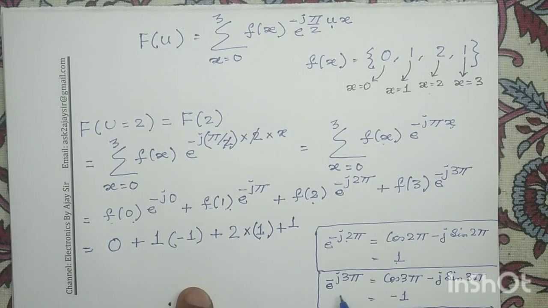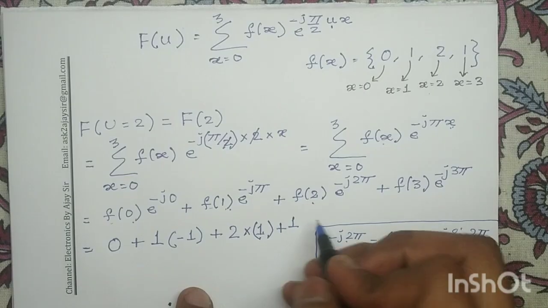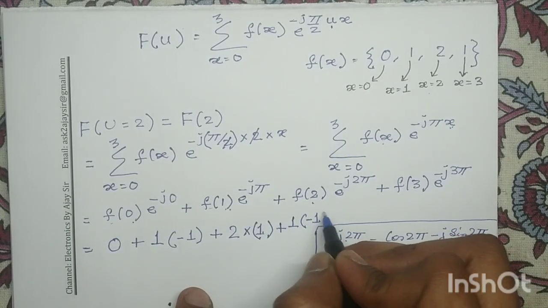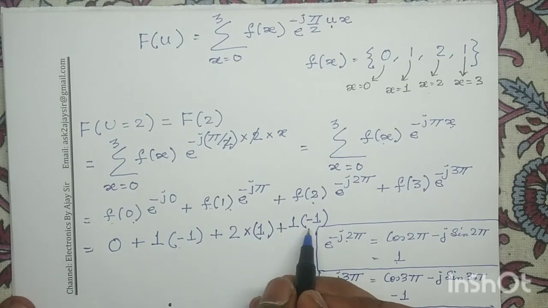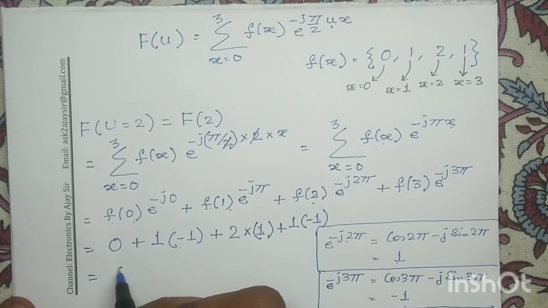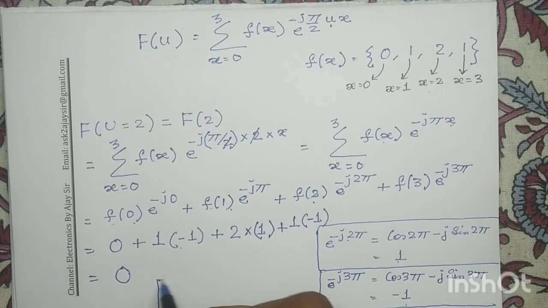So we have obtained e to the power minus j 3π as minus 1. So here in place of e to the power minus j 3π, we will substitute minus 1. So it is minus 1 plus 2 minus 1. The result becomes equal to 0. So we have obtained our F(2).